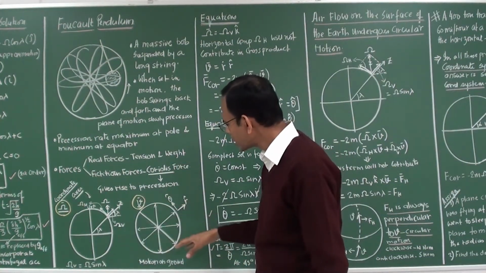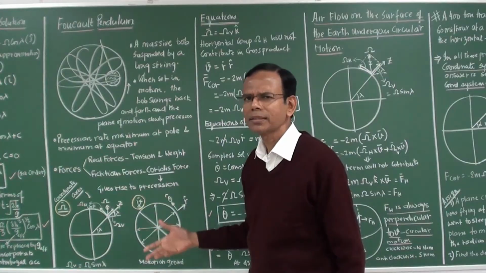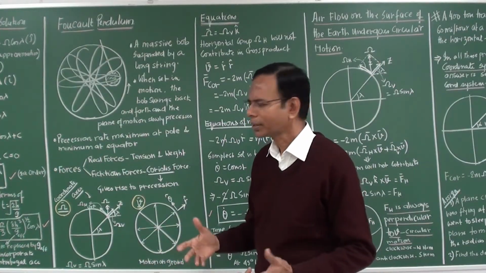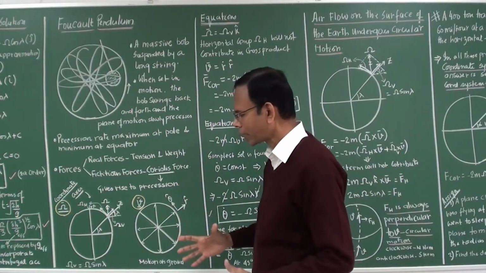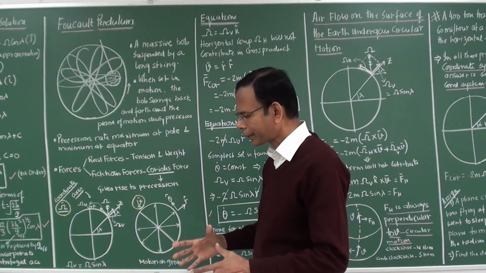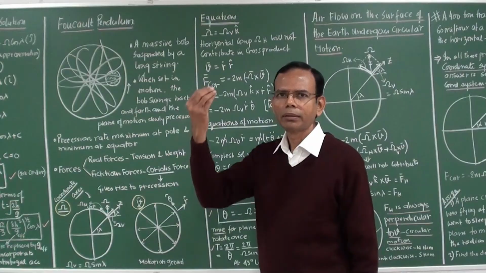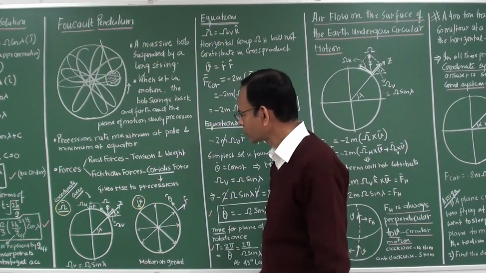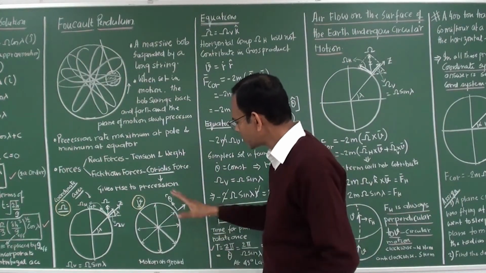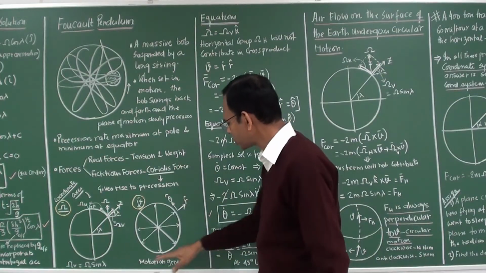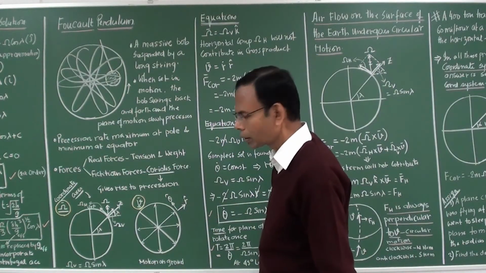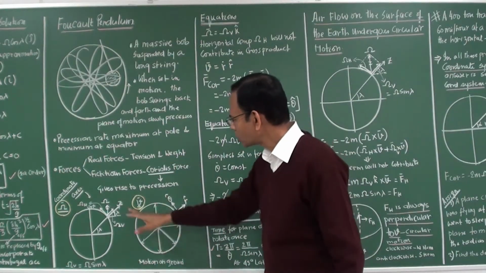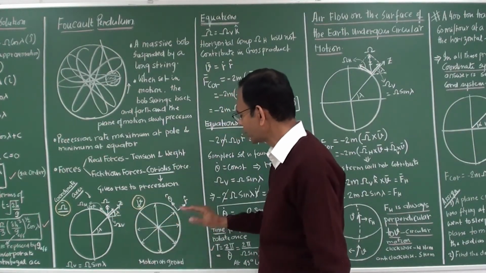So you may ask what kind of axis is this? This is the cylindrical system: r cap, theta cap, and k cap in the z direction. So this is the motion of the ground, r cap and theta cap. Is this clear? So this is omega and this is v.